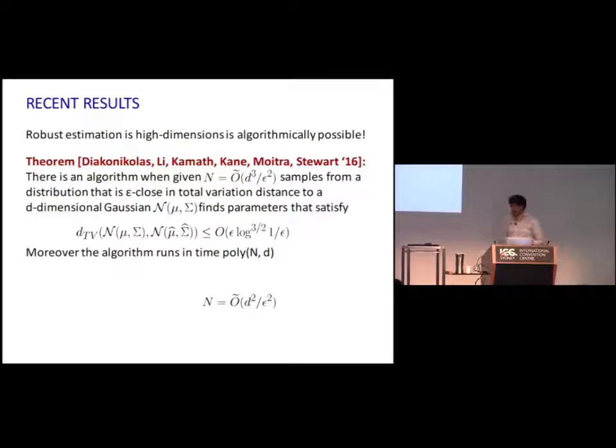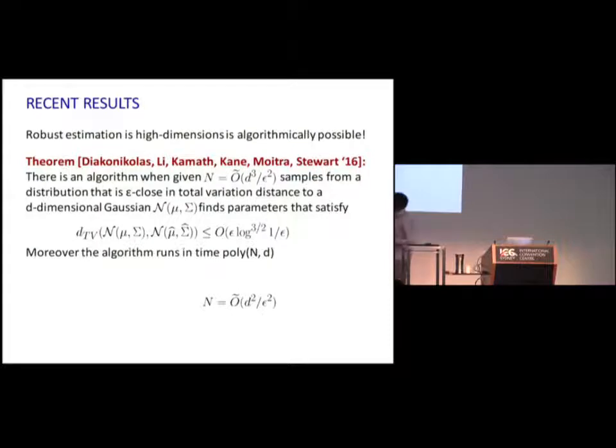This is one I'm particularly excited about, done with some really terrific co-authors, Ilias Diakonikolas, Jerry Li, Gautam Kamath, Daniel Kane, and Alistair Stewart, which gives dimension-independent robustness in polynomial time.